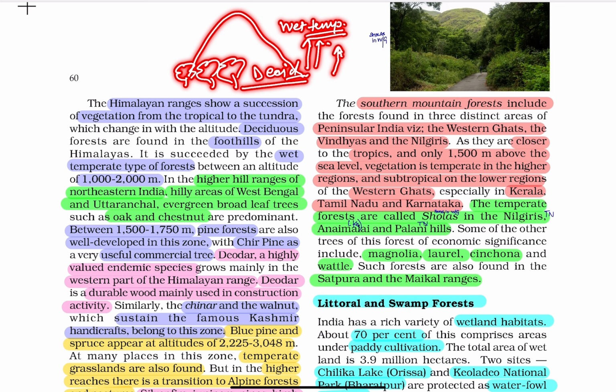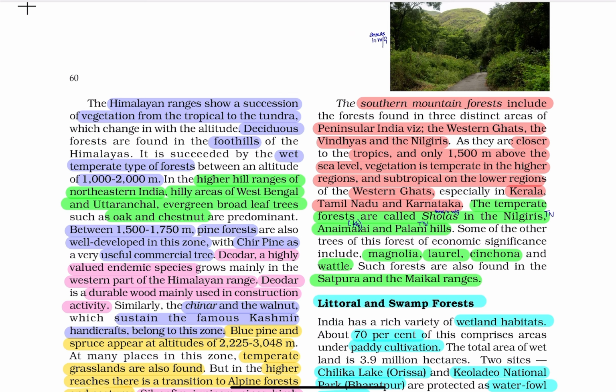In the foothills, there is deciduous vegetation. As you move up, we find the wet temperate type of forest, at an altitude of 1000 to 2000 meters. Remember it: foothills, deciduous; above 1000 to 2000, wet temperate forest.